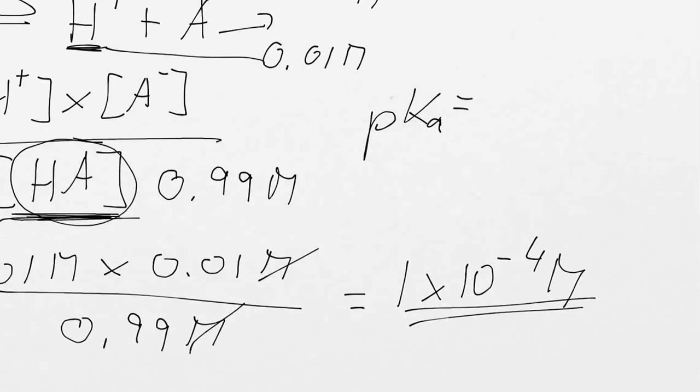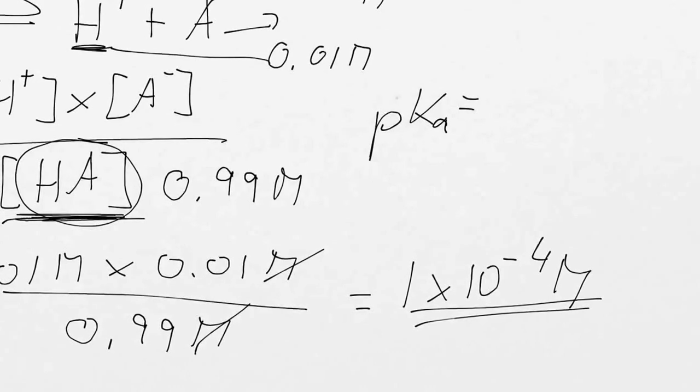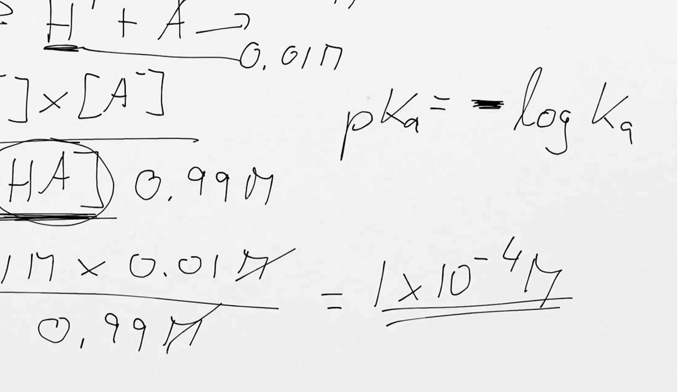Can you imagine what the definition of pKa is? pKa equals minus log of Ka. P usually means minus log.